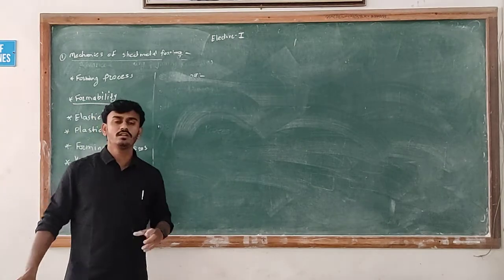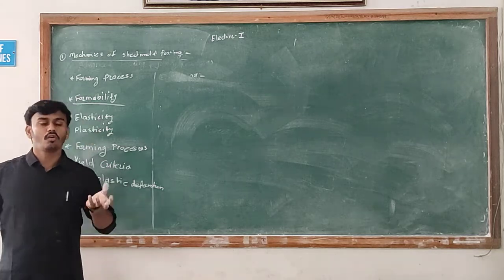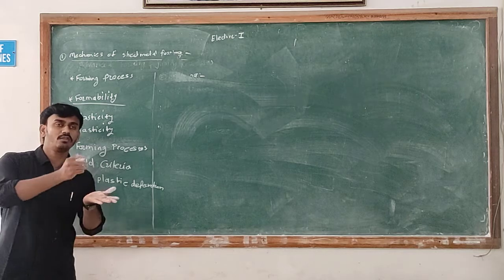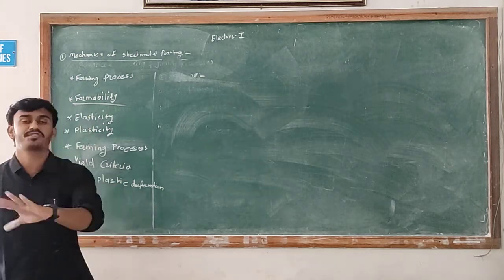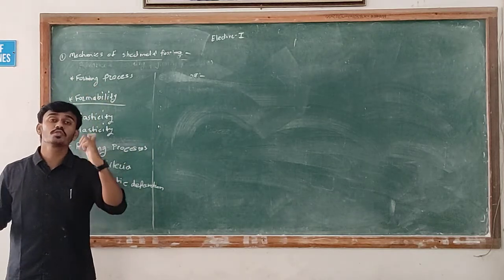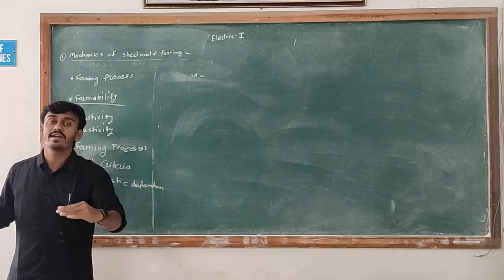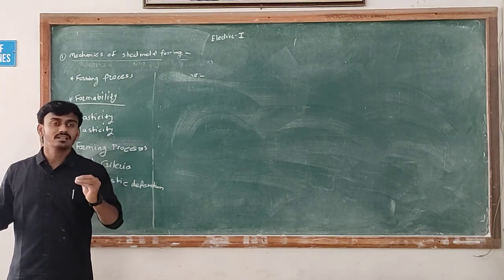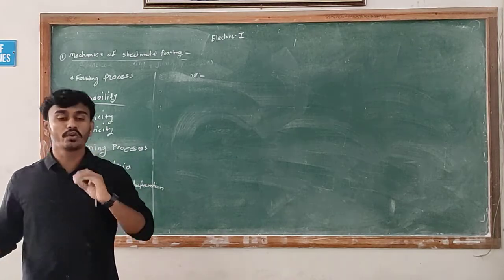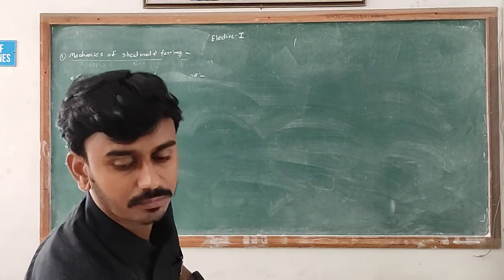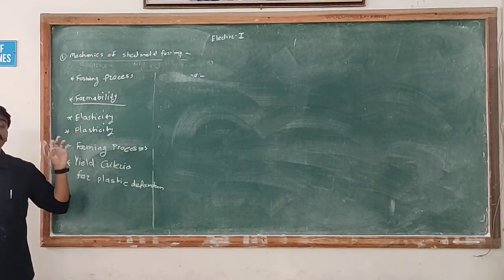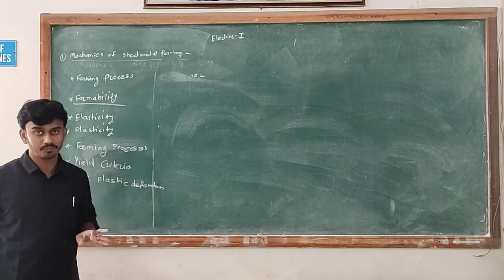We all know that when we want to convert our sheet metal into a cup shape, the force applied on the sheet metal should be greater than some limiting value, so that the material cannot come back to its original position. This criterion is called the criterion of plastic deformation.